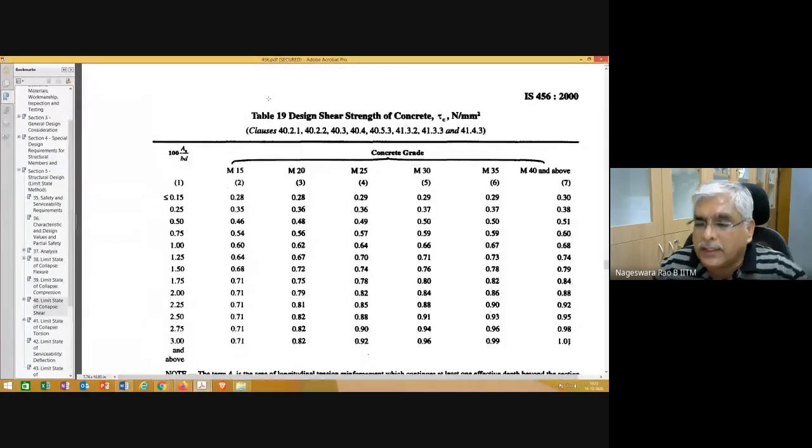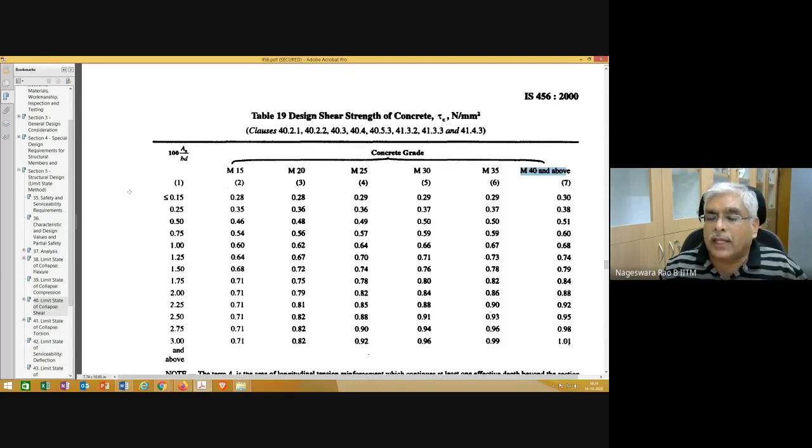So Table 19 gives you the design shear strength of concrete. Obviously, you can easily guess that design shear strength is going to depend on the grade of concrete. In addition, it is also going to be a function of the percentage of tensile steel that you provided. We will go into detail later to understand why.